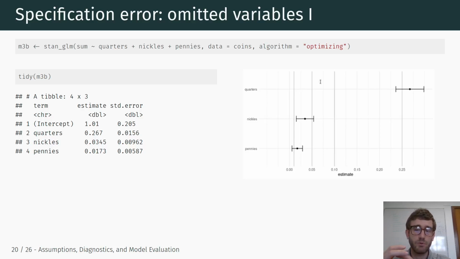The only difference, of course, is that there's a larger uncertainty. So omitting that variable, as we can directly see, increases the uncertainty around our estimates, but it doesn't induce bias. And the reason it doesn't induce bias is that the variable we omitted was not correlated with the remaining independent variables, or with the error term for that matter.